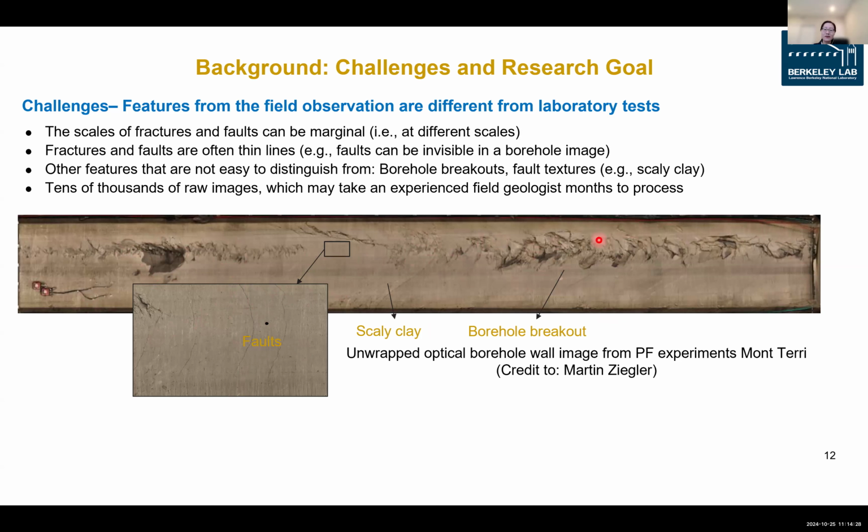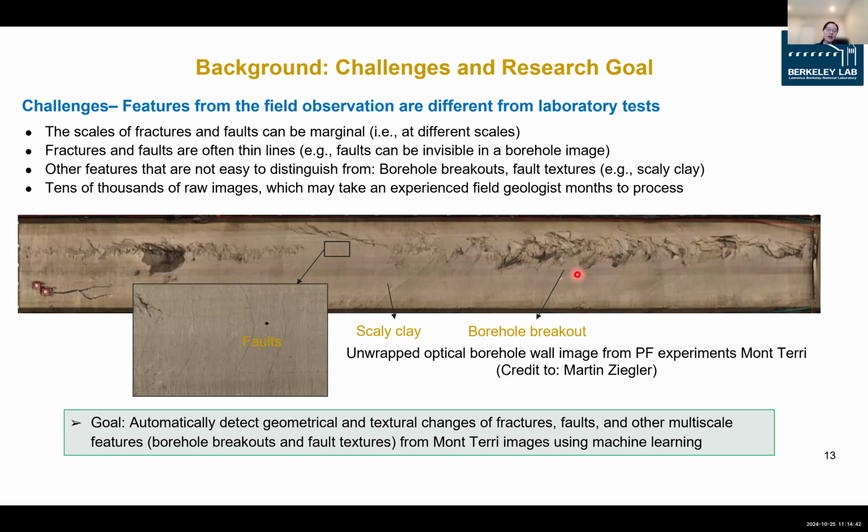Very experienced field geologists like Martin Ziegler have to take months to process these images because they have tens of thousands of raw images collected from the laboratory. So the goal for this undergraduate student project is to automatically detect those geometric and textural features and their changes, and multi-scale features like borehole breakouts and fault textures, from these Monterey images using machine learning.